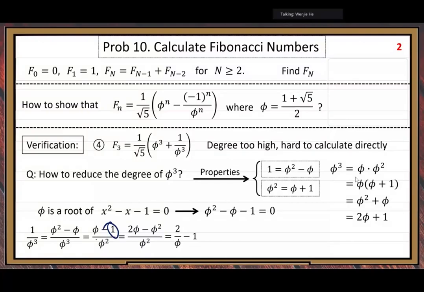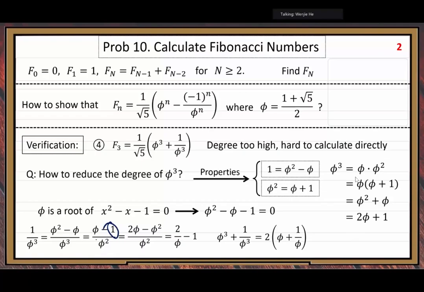All right. Now we can calculate phi cube plus 1 over phi cube. These two expressions, minus 1 and plus 1, can be canceled out. So we get 2 times parenthesis phi plus 1 over phi. The part inside the parenthesis corresponds to F1, the Fibonacci number of index 1.